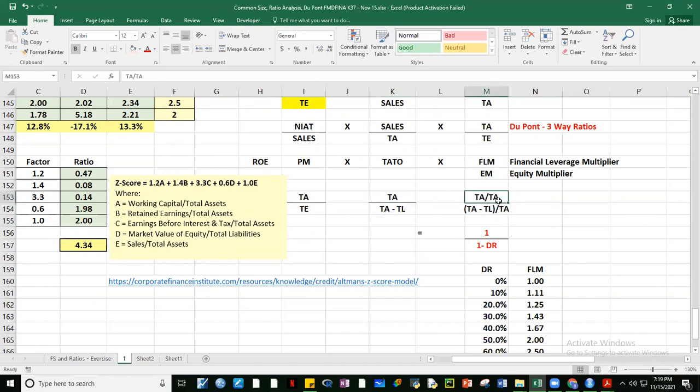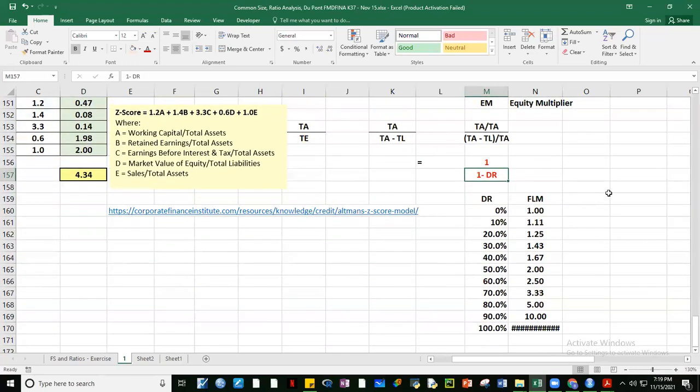So what happens is that yung numerator natin magiging 1, tapos yung denominator natin, i-distribute natin, no? Total assets over total assets, that will be equal to 1, minus total liability over total assets, that's your debt ratio. Okay, so what does this tell us? Paano daw tataas yung financial leverage multiplier? Para tumaas yung financial leverage multiplier, ang sinasabi ng equation na to, taasan yung debt ratio.